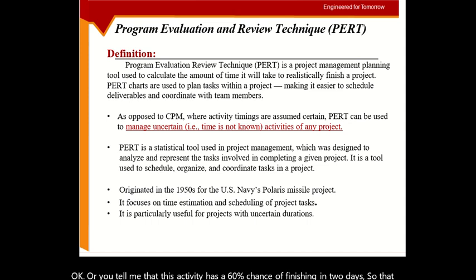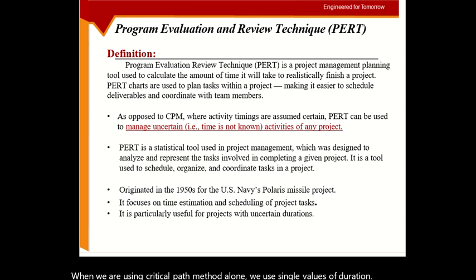So there are other chances as well. The first case is what we use when we are using CPM alone. When we are using critical path method alone, we use single values of duration. You tell exactly one value for each activity, that's it.